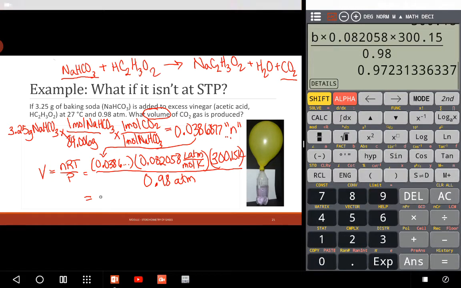And that is 0.9723. My pressure only had 2 sig figs, so I'm going to report my answer to only two significant figures, and so that is 0.97 liters. So the volume of this balloon would be approximately 1 liter given this mass of baking soda.